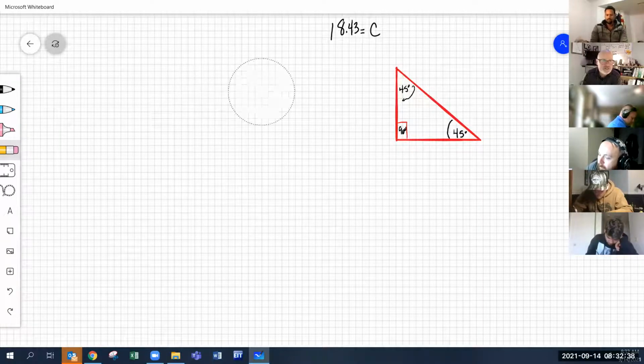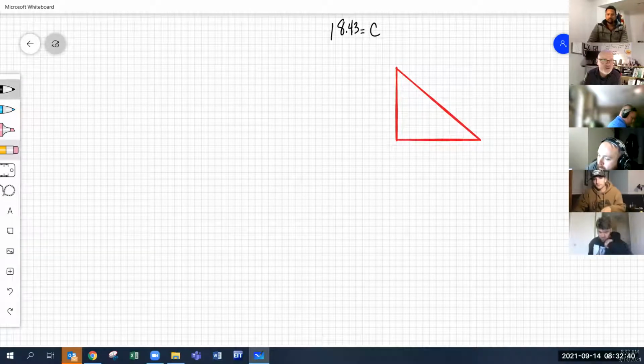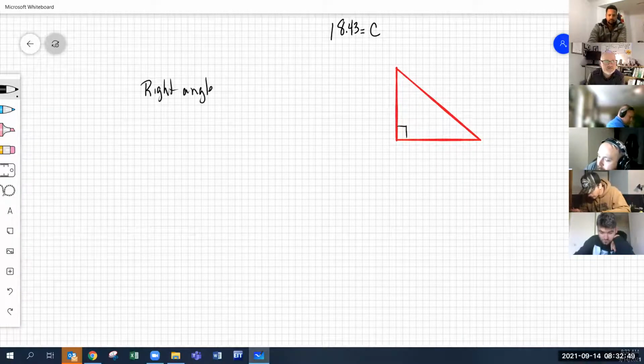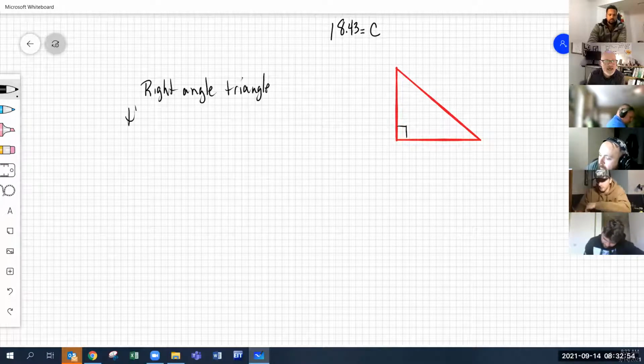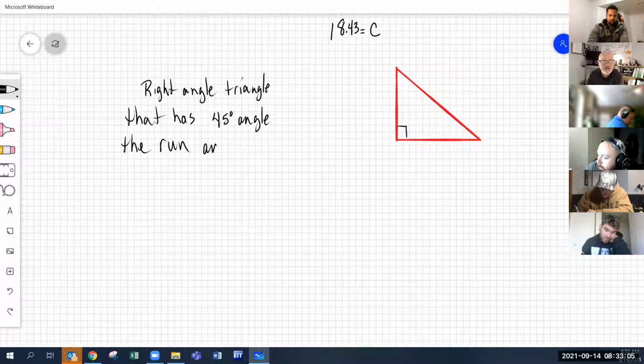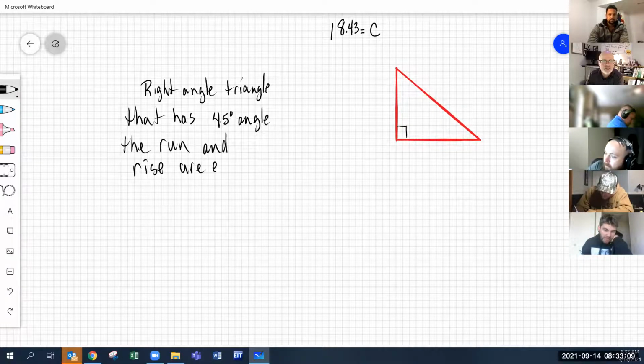So what I'm going to tell you is that in a right angle triangle that has 45-degree angles, the run and rise are equal.